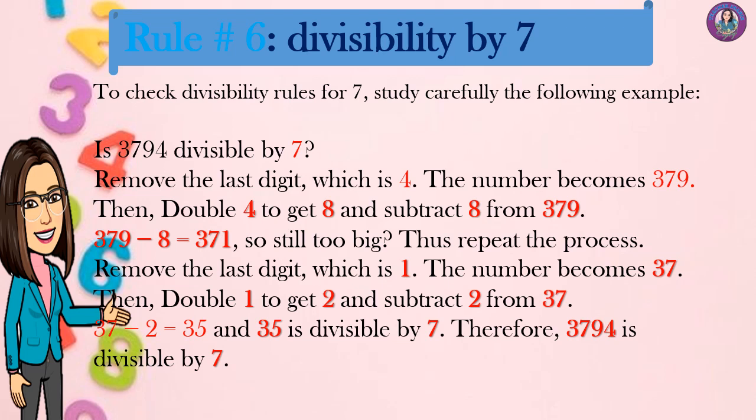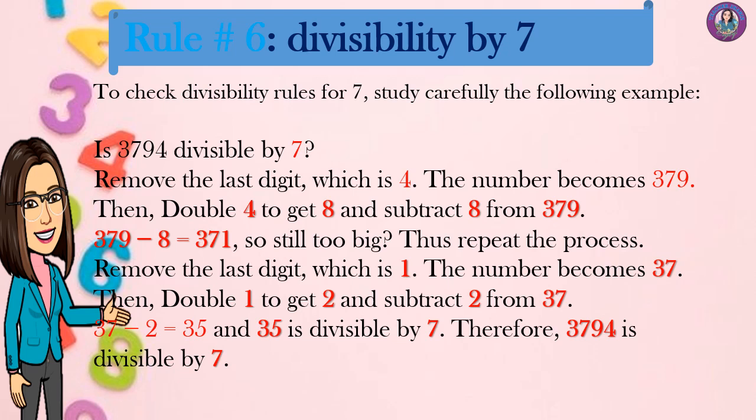The number becomes 379. Then, double 4 to get 8. Then subtract 8 from 379. That is 379 minus 8 equals 371. 371 is still too big. Thus, we will repeat the process.